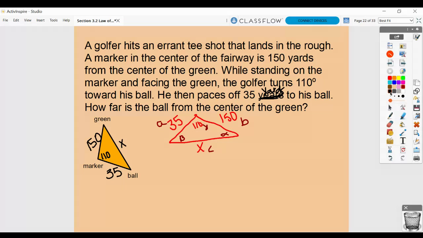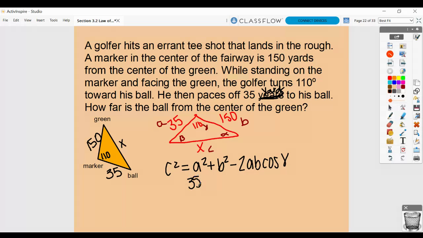So we are looking for side C. So we have C squared equals A squared plus B squared minus 2AB cosine gamma.